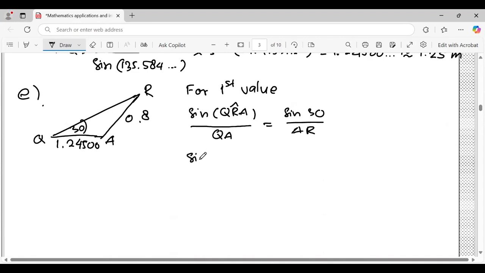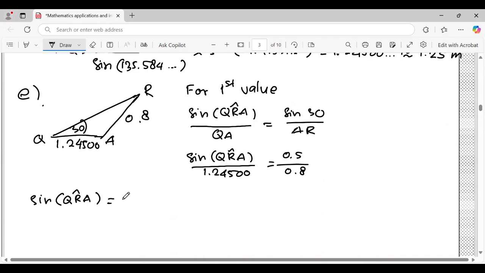So sine QRA equals 0.5 over 0.8 times 1.2450, and the result is 0.778125.